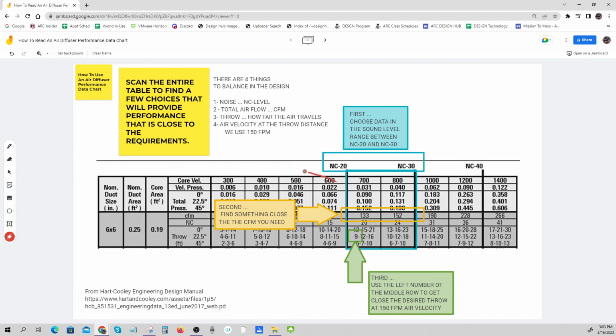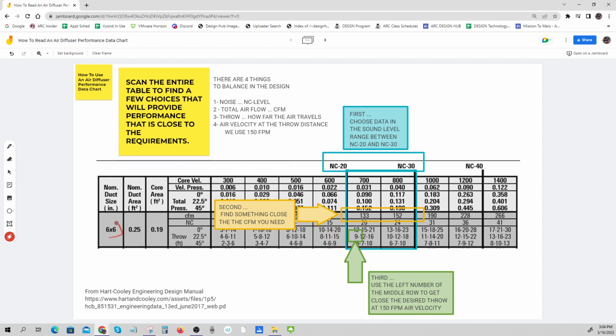There are cases when you need it to be less, and there are cases when you can accept more, but those aren't the cases we're going to use. Those are the cases for real pros. We're going to keep between NC20 and NC30 noise levels. So that's the first thing to do: we want to choose always in this range between the two.